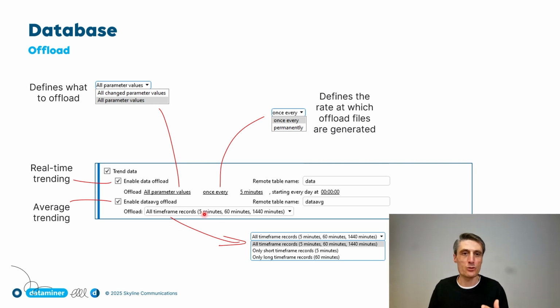All the time frames are only 5-minute slots or 60-minute slots. So lots of options. You can play around with that. It's kind of self-explaining when you play with it. So you can optionally offload your trend information, average and real time.